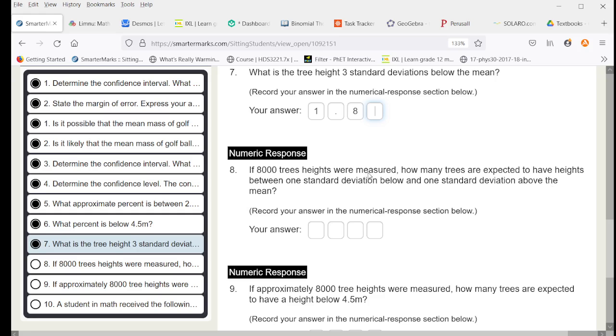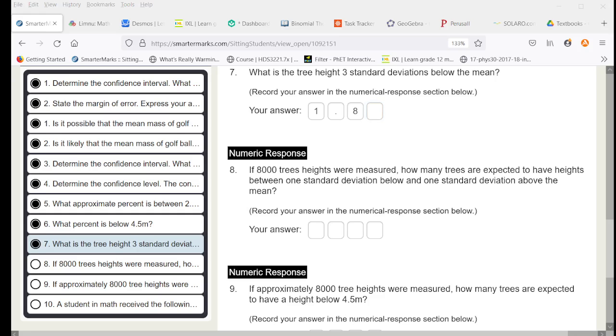So really what we're looking at is our continuous distribution again. We want 1 standard deviation below, so 4.5 minus 0.9 is 3.6, and 1 above is 5.4.